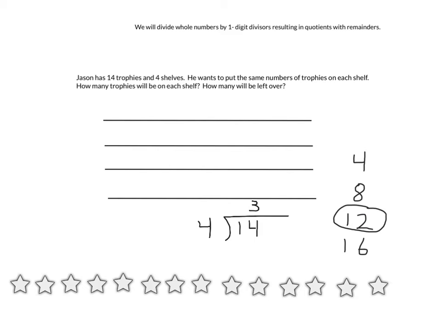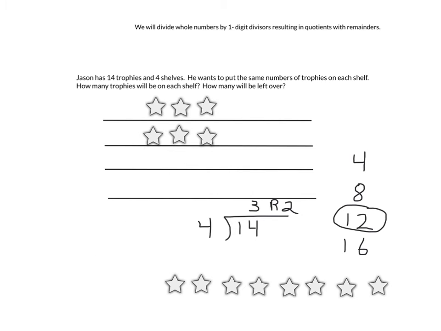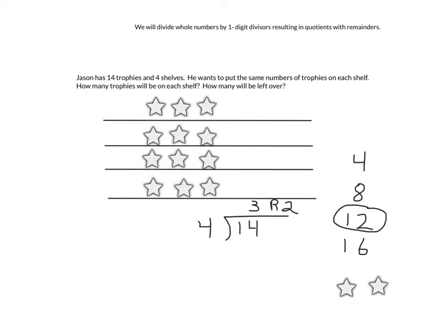So we're going to have 2 left over. Okay, another way to show that is if we put an equal amount in each shelf, we're going to have 3 stars in each shelf, and we have a remainder of 2.